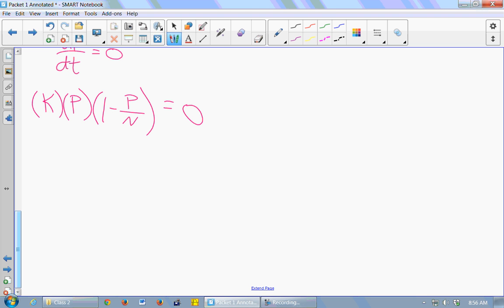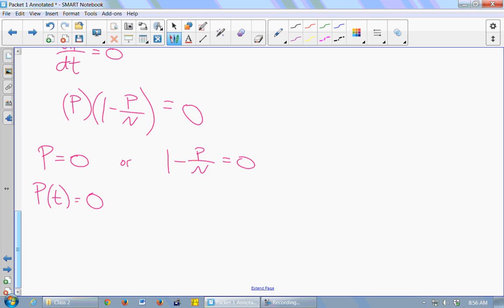All right, so k is a positive constant, so I can just divide that out. Divide both sides by k and it goes away. So now, happily, this is already factored, right? Either p equals 0 or 1 minus p over n equals 0. So p equals 0 means that the population size as a function of time is just always 0. Right?